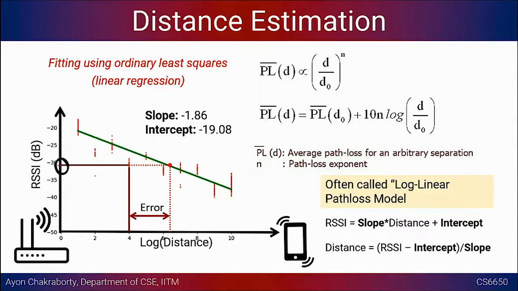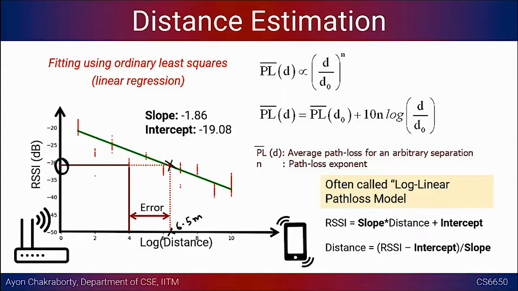So if you get this value, let's say minus 30, this model is going to tell you that this is where minus 30 intersects with the straight line, and your distance is something like 6.5 meters.